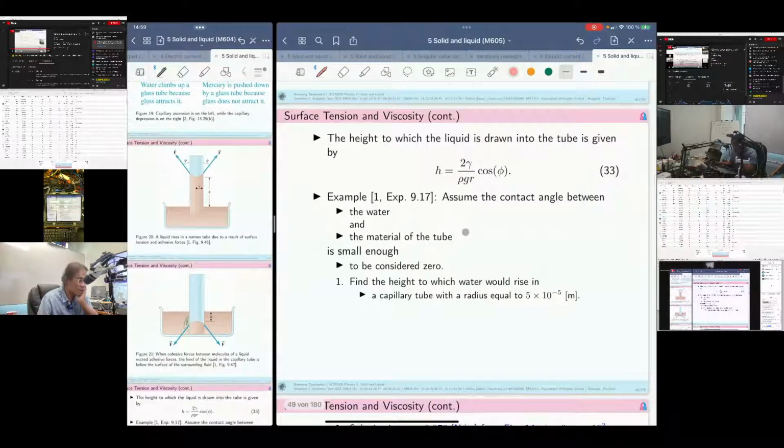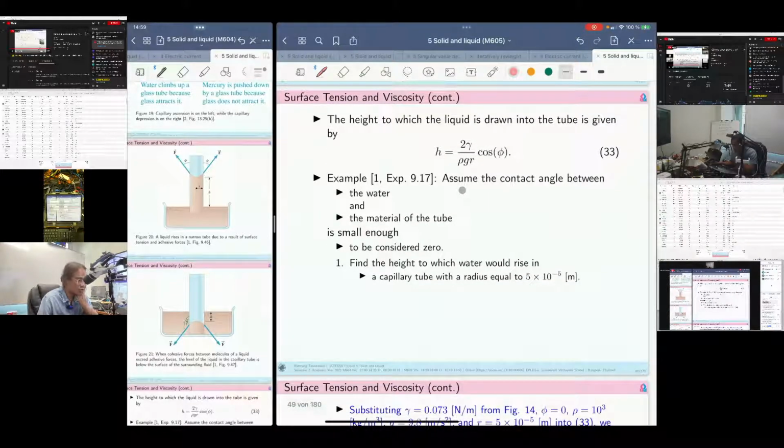Now let's apply this formula to a situation. Let's consider this example. Assume the contact angle between the water and the material of the tube is small enough. It means I don't know exactly which one, but they say the angle phi here is very small, so angle phi is close to 0.